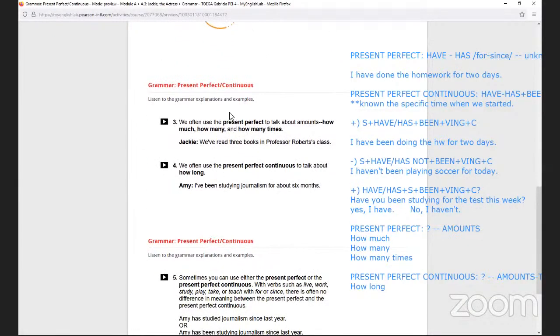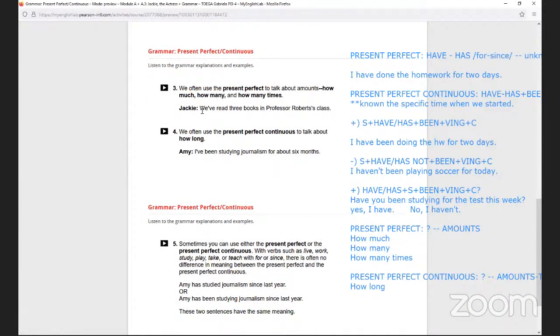Perfect. So here is the part. When we talk about amount, always for present perfect, how much, how many, and how many times. For example, here, we've read 3 books in Professor Robert's class. How could you make a question for this answer, Gabby?